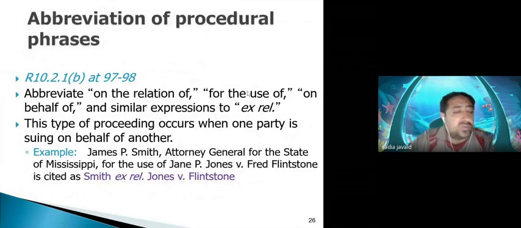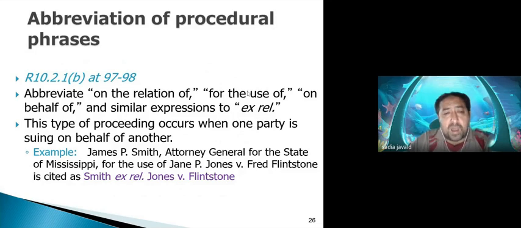Abbreviation of procedural phrases. R10.2.1(b) at 97-98: abbreviate "on the relation of," "for the use of," "on behalf of," and similar expressions to "ex rel." This type of proceeding occurs when one party is suing on behalf of another.